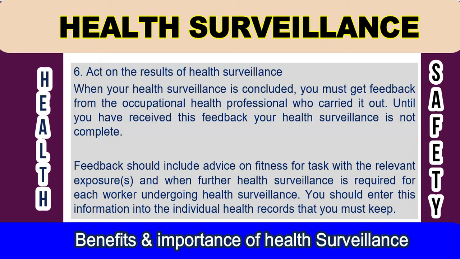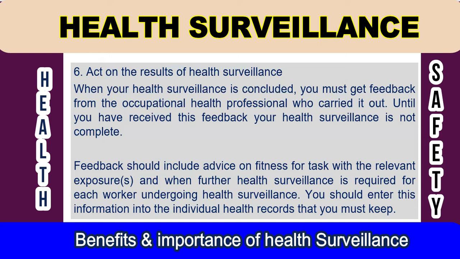When your health surveillance is concluded, you must get feedback from the occupational health professional who carried it out. Until you have received this feedback, your health surveillance is not complete. Feedback should include advice on fitness for task with the relevant exposures.